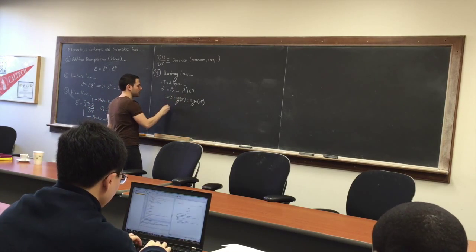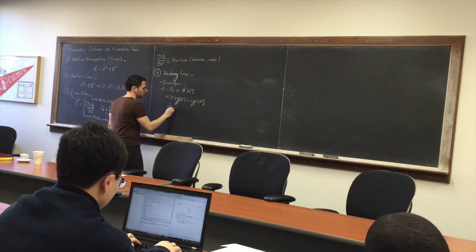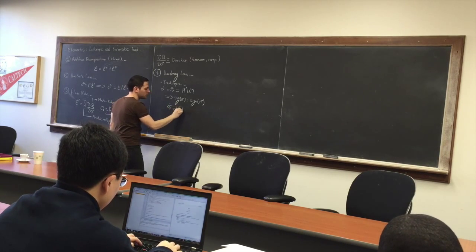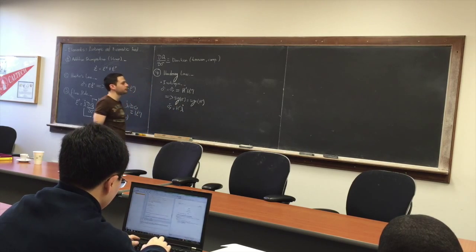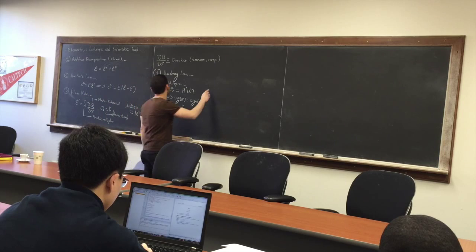We can also express this one as sigma y dot equals H prime lambda dot. This is the isotropic hardening.